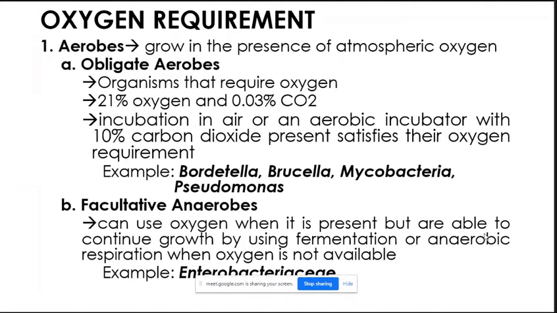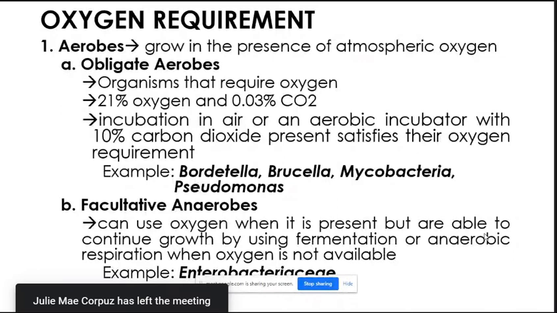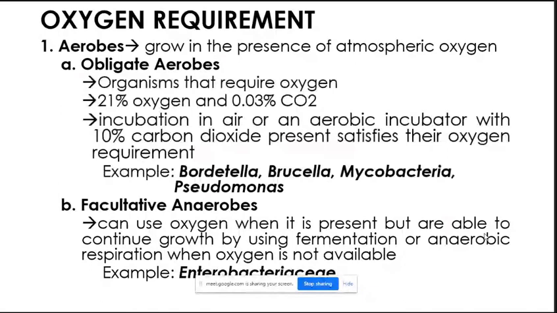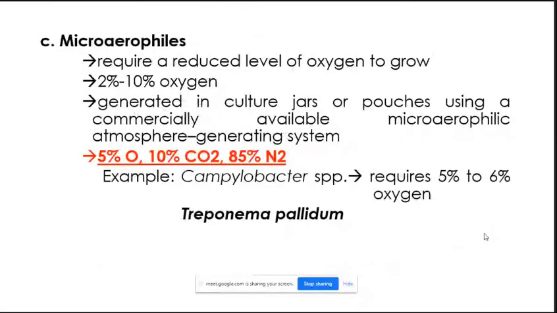Okay? So, para hindi kayo maguluhan mamaya, tignan nyo lang kasi pag nagpa-exam ako, itong anaerobe na ito, baka ma-mix nyo with your facultative aerobe din mamaya. So that now we get into your microaerophils. Again, you have there your prefix micro. Dapat mas maliit siya. So that it require a reduced level of oxygen to grow, which is about 2 to 10% lang of oxygen.